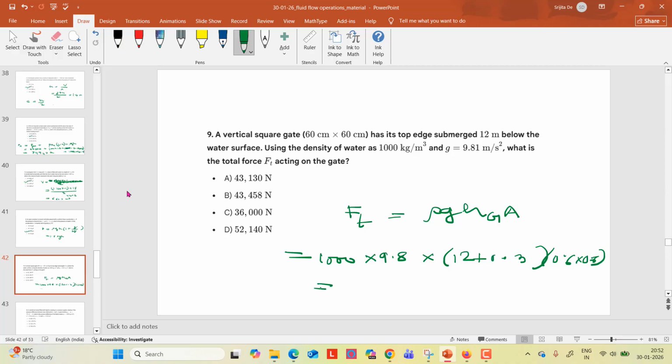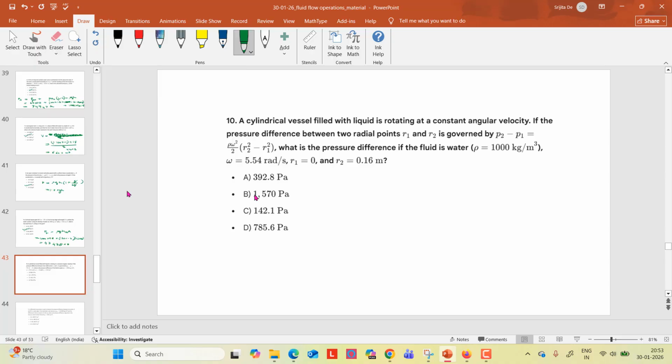So it is coming out to be 43438.68, which is close to 43458 Newton.